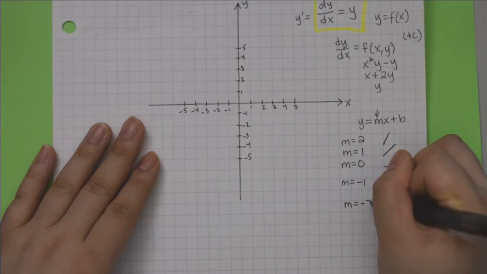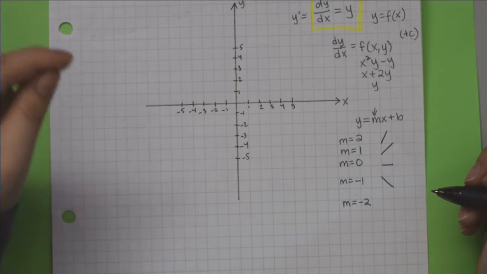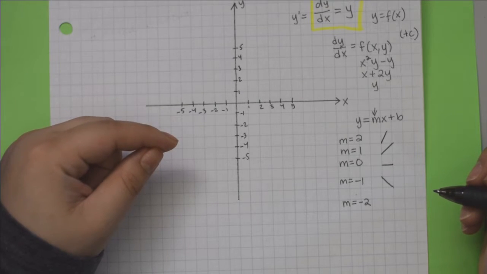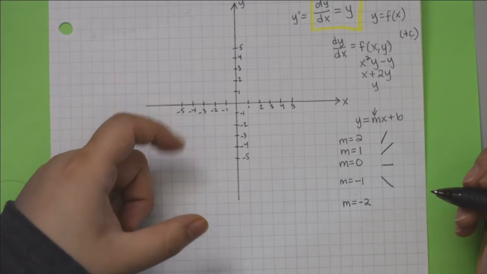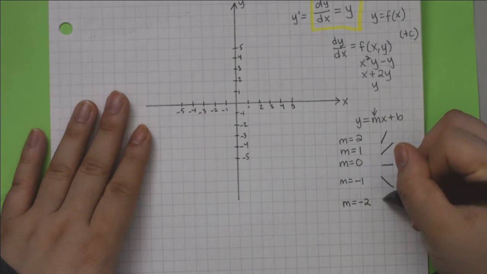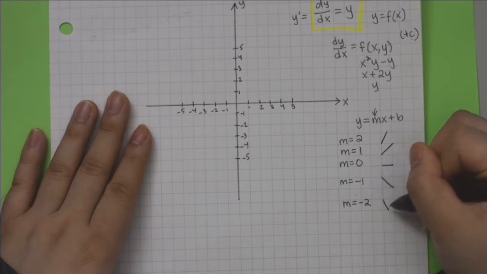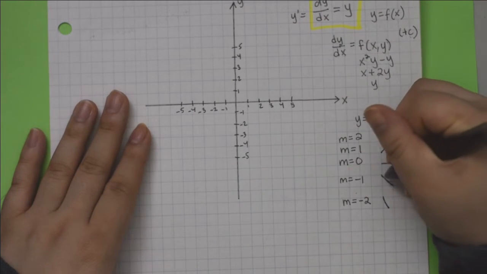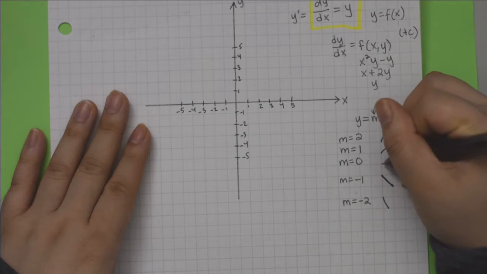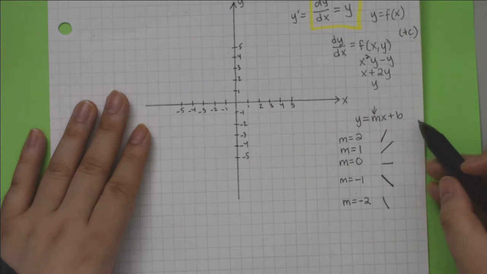So m equals -2 means if you move to the right 1 unit for x, then the change in y is -2. Okay, something like that. And so these are the slopes of these lines.